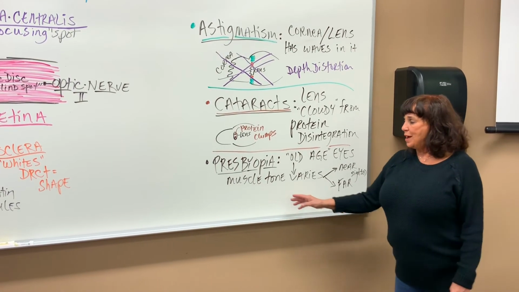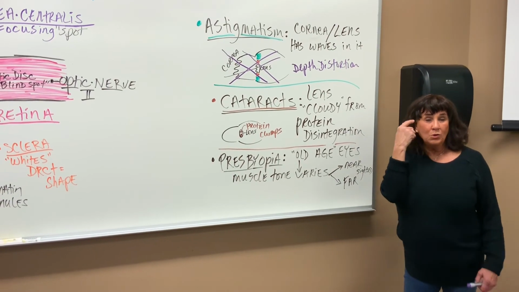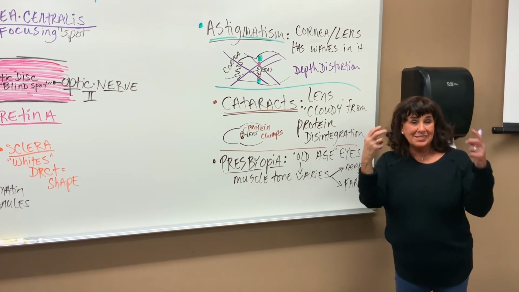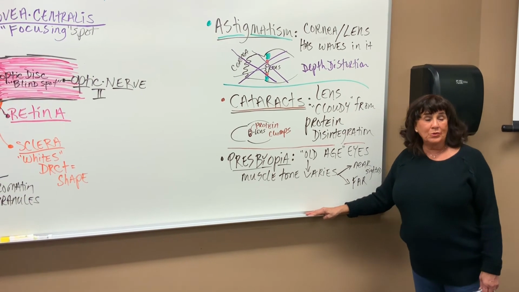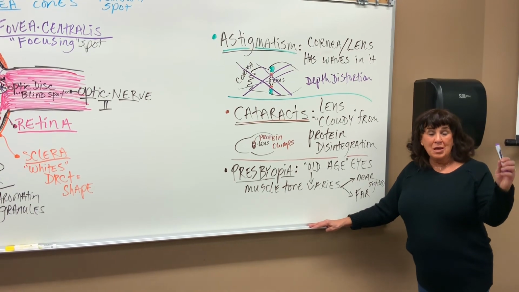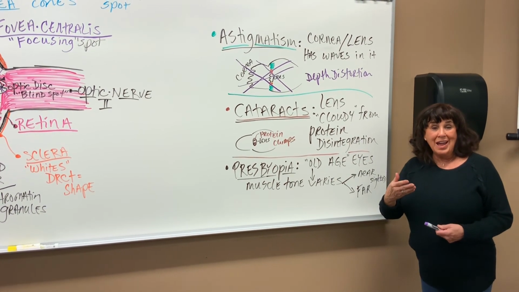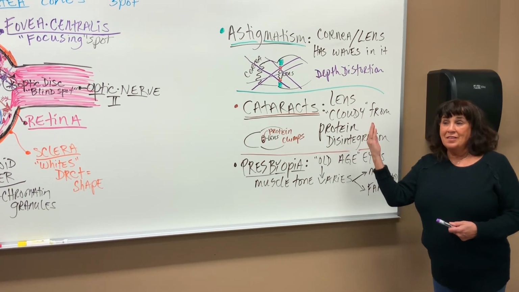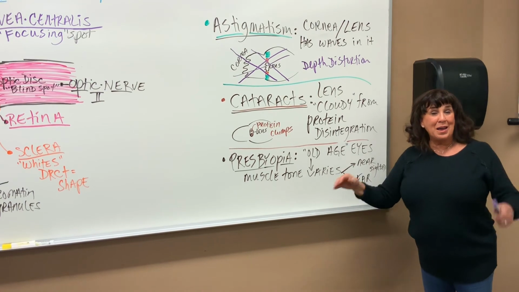And so what happens is the muscle tone, there's 6 muscles that hold each eye in the eye sockets, in the orbits. And so those eyes lose tone as you get older. And so one week they might have perfect vision, but the next week they might be myopic, nearsighted. And then 2 months later, they could be farsighted. And it all has to do with those eye muscles.